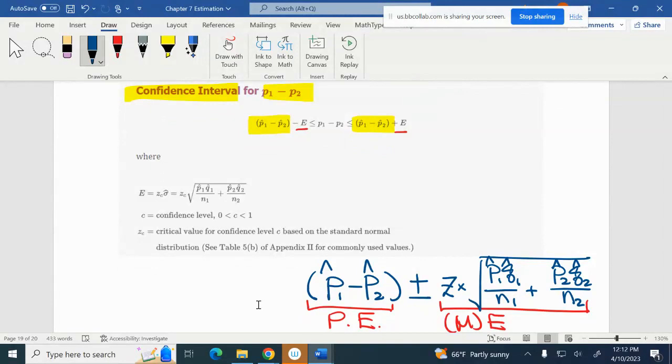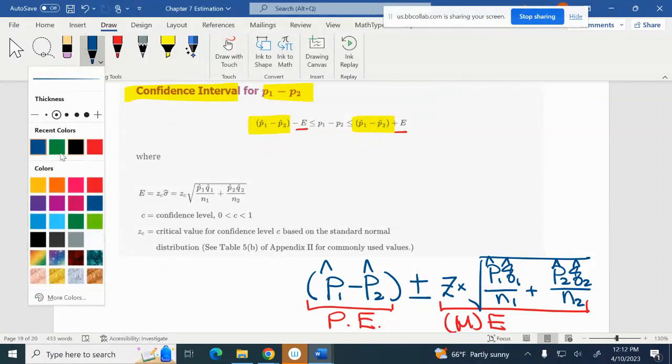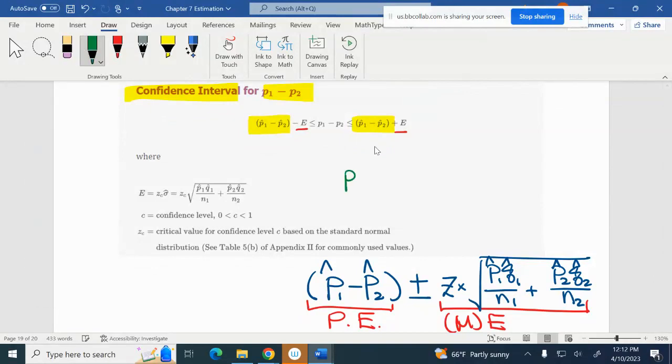Okay, good. I want to compare this to the one with only one proportion. It was P hat, z, square root of P hat Q hat over N. So here is the one proportion, but here is the proportion difference.